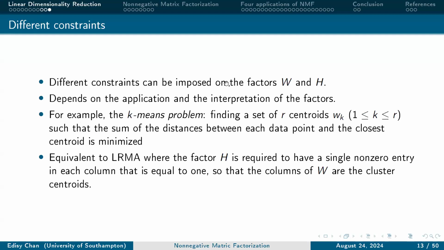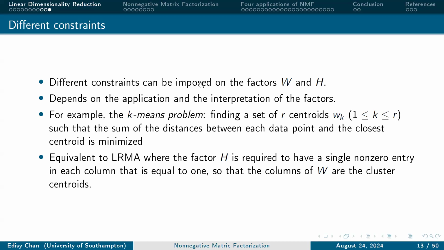The other factor we could consider with different kinds of LRMA is to impose different constraints on the factors W and H. That depends on the application and how you interpret those factors.